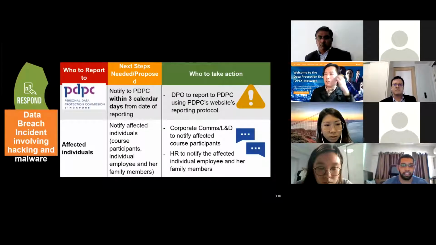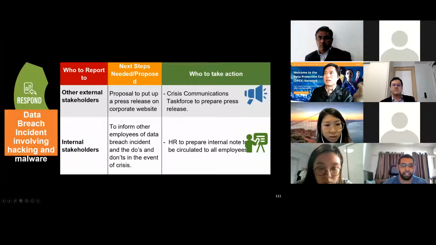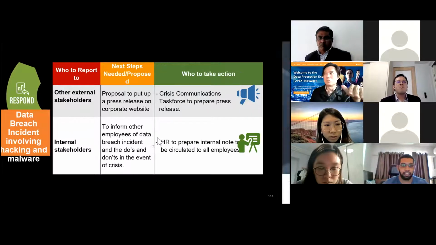So what do you need from management? I need support to make sure we are able to notify the individuals affected. We need a crisis communication team to talk to external stakeholders, including putting out a press release. We need HR to talk to internal stakeholders about what to do and what not to do, which is equally important.